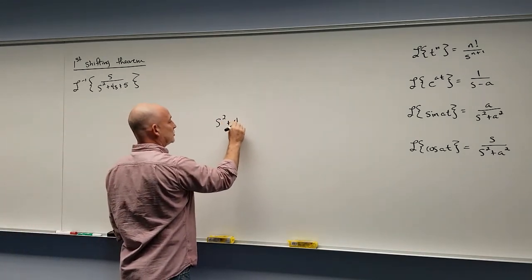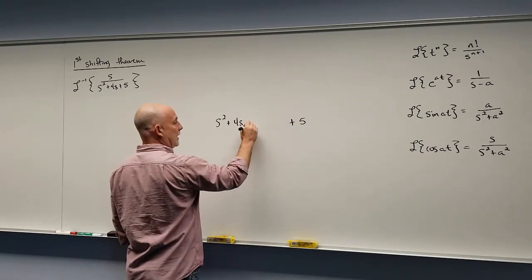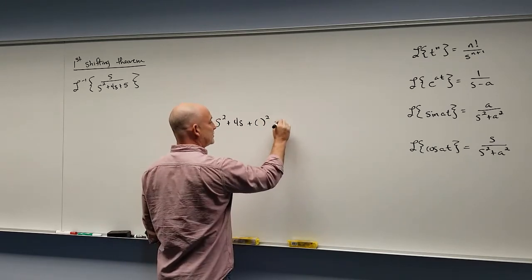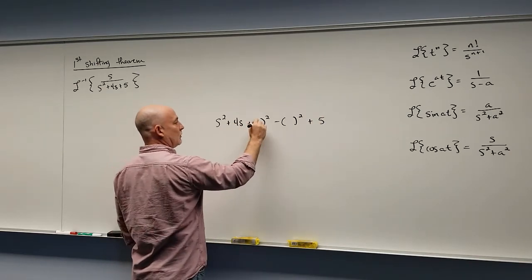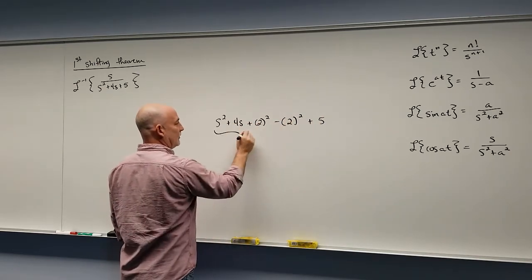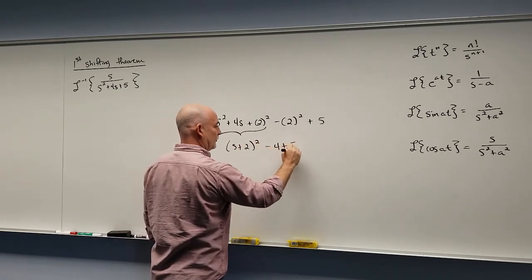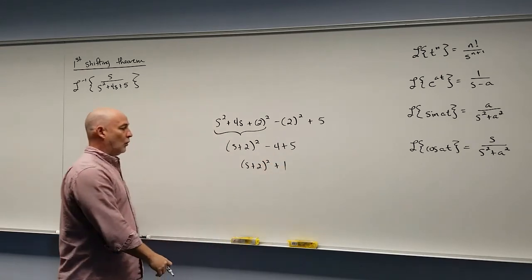So to complete the square, we're going to ignore that constant real quick. I'm going to add, then subtract half of the linear coefficient. See, now this will factor. This factors to s plus 2 squared minus 4 plus 5. So that's s plus 2 squared plus 1.